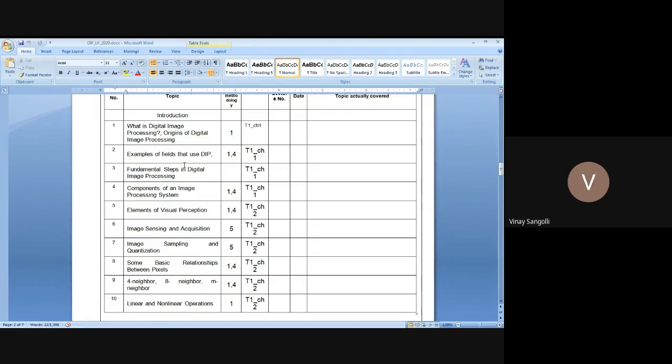Then we'll go ahead and try to check upon the fundamental steps, that is, various fundamental steps which we will be going through. Like just now we have seen restoration, enhancement. So all these things we will be going through.